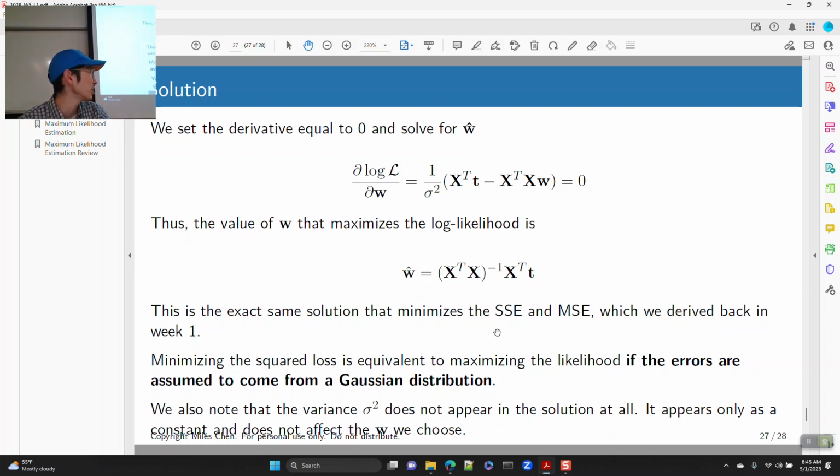The key assumption is that the errors come from a normal or Gaussian distribution. The variance sigma squared doesn't appear in the solution at all, and doesn't affect the model parameters. The only thing we needed was for the variance terms to be constant.